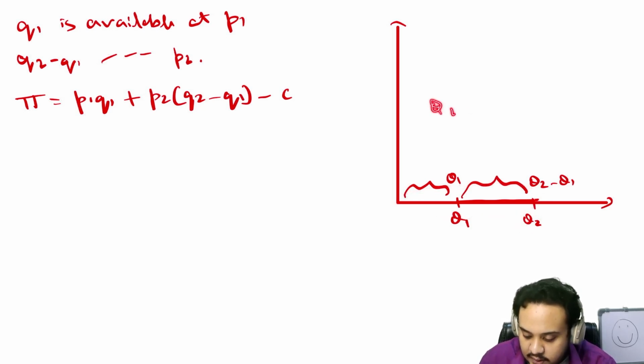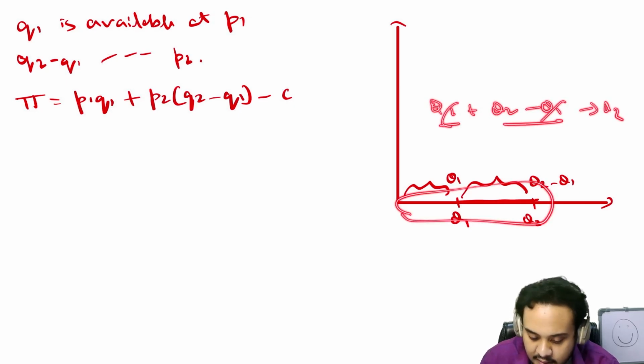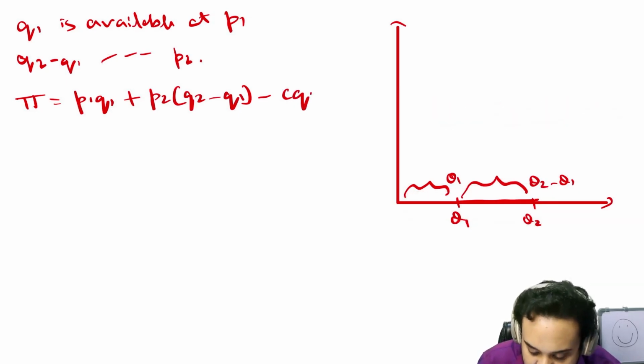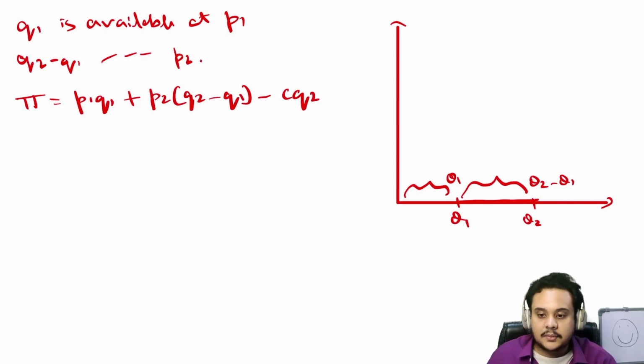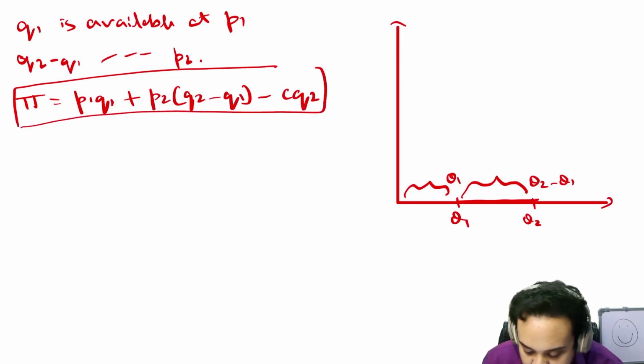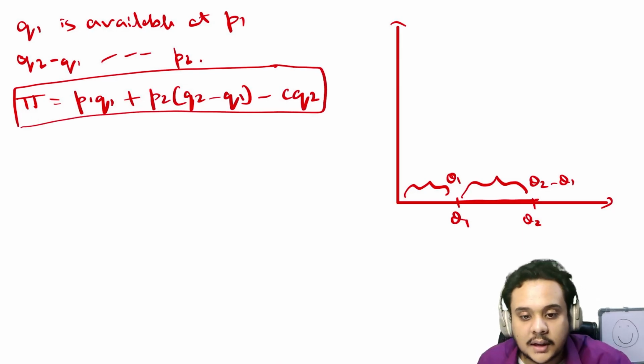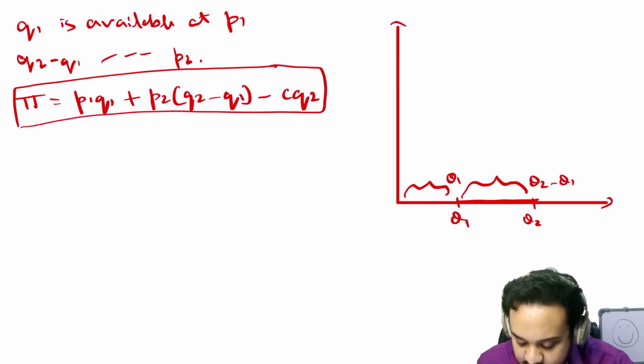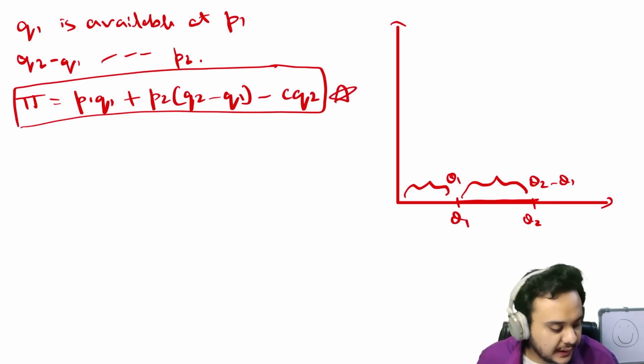Because q1 plus q2 minus q1 is just q2. So we can just write this as C into q2, right? This is the entire profit function that we have here. Okay, this is the formula for block pricing.